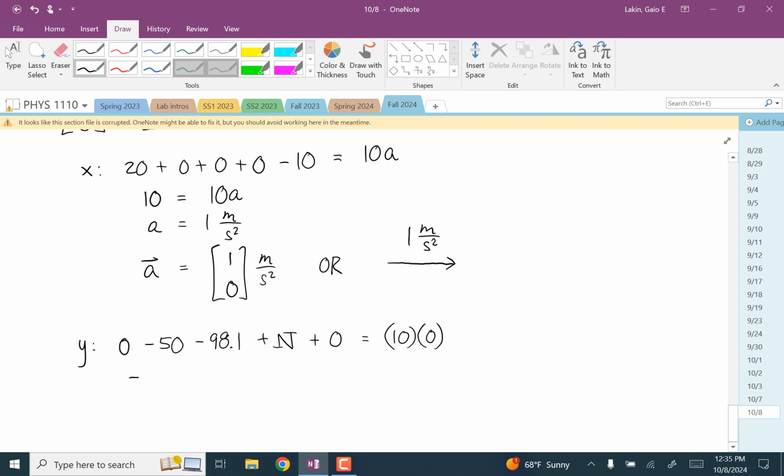So that says negative 148.1 plus N is equal to 0. Solve that, and you get that N is equal to 148.1 newtons.